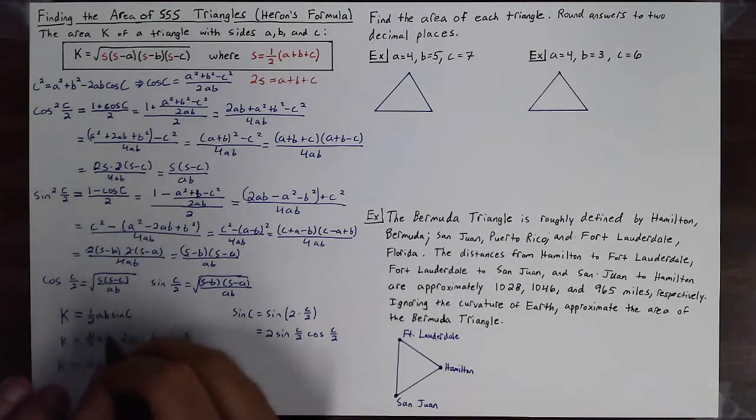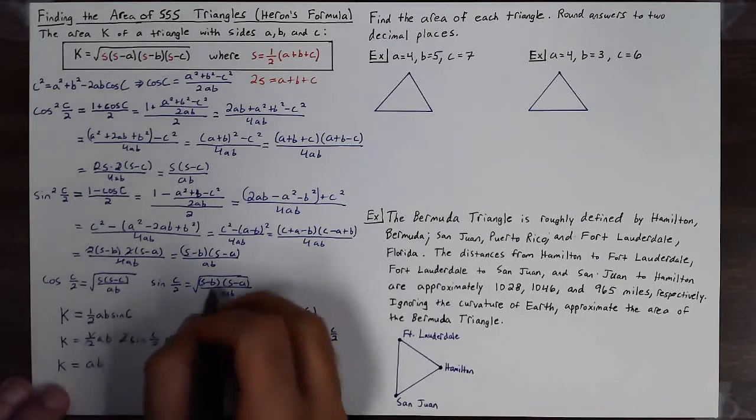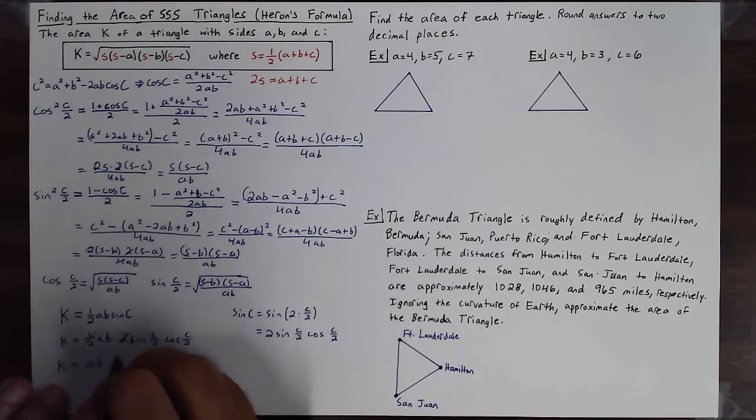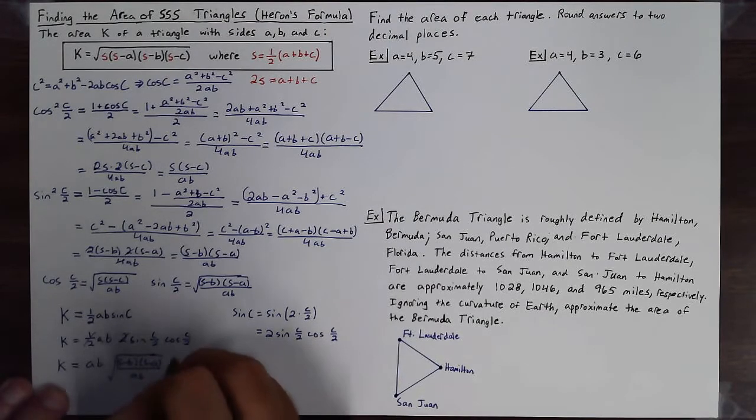the 1 half and the 2 already canceled, but sine of c over 2 is the square root of s minus b times s minus a all over ab, times the square root of cosine of c over 2, which is s times s minus c over ab.